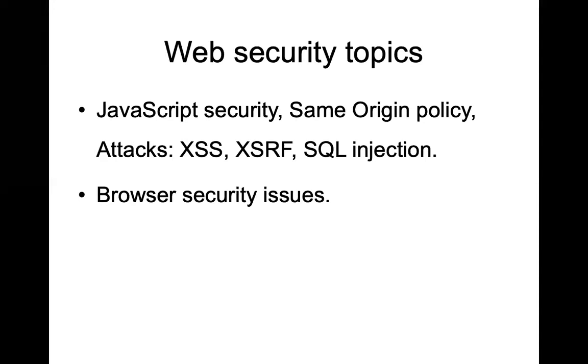I will describe how the attacks work, and then we will look at several defenses. We will also look at browser security issues, which are issues involved in the implementation of web browsers. That will be the last part of this module. But let's start off by understanding the same origin policy slightly better, as well as issues of JavaScript security.